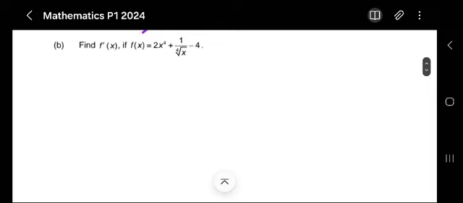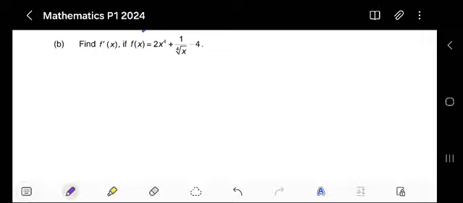Yeah, then now we have B, which says find the gradient of, that's the first derivative, or find the gradient of this equation, or let me just say the gradient equation. In other words, in its language they simply say find the gradient equation, but anyway, find the first principle of this equation.